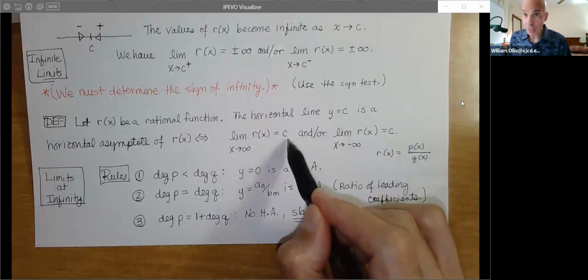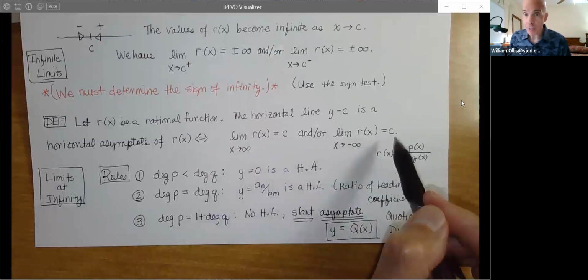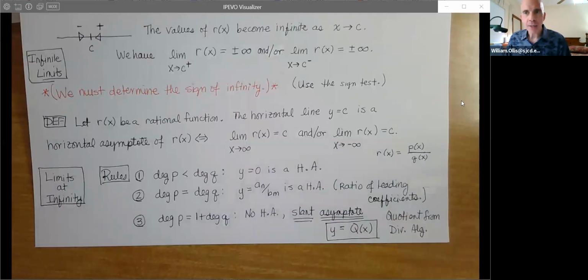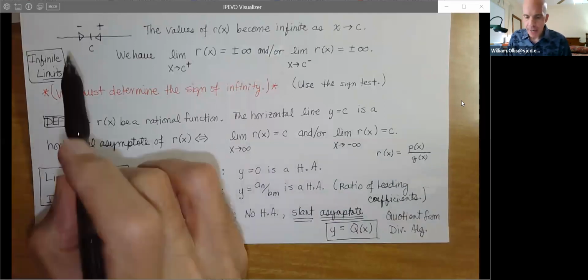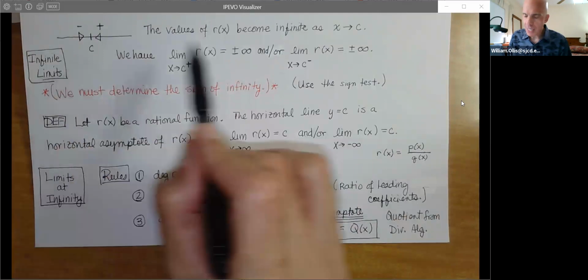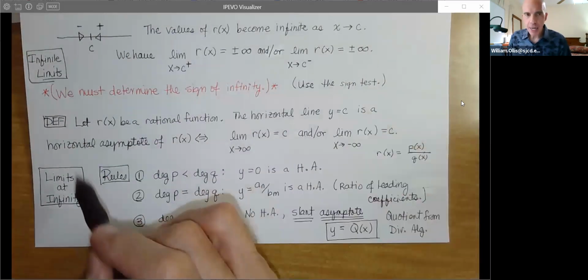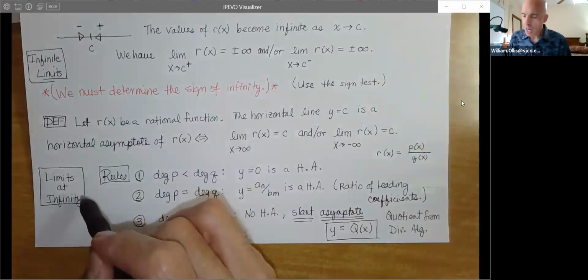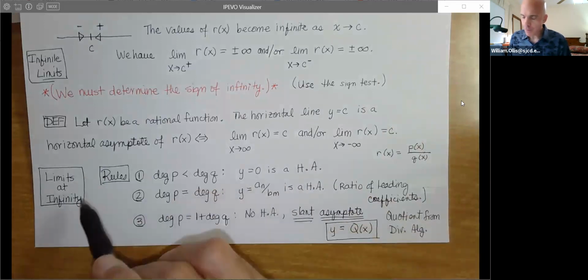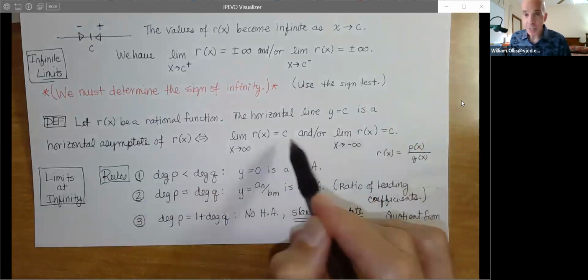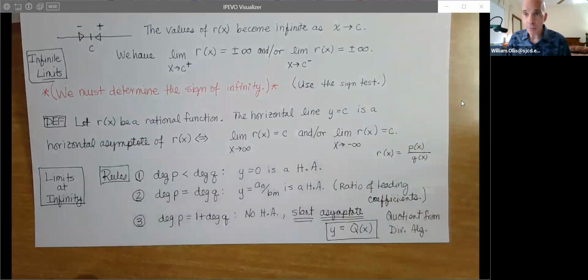I mean, like a 3 maybe, or a 1/2 or something. So you're thinking, okay, here with the vertical asymptotes, we get infinite limits. And here with the horizontal asymptotes, we actually get a limit at infinity that is truly a limit. That is a finite real number.